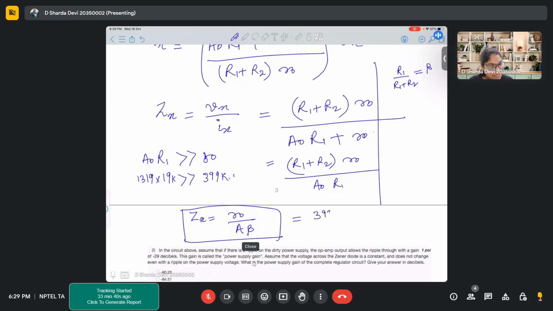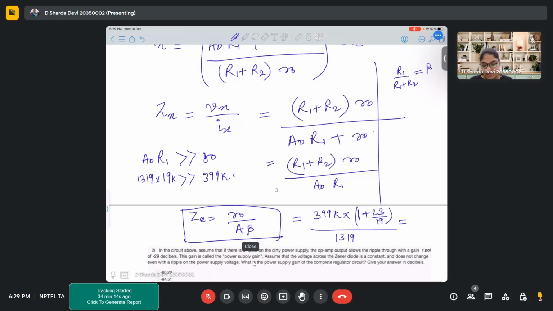And now simply substituting the values, we have 399K into 23 by 19 upon 1319.